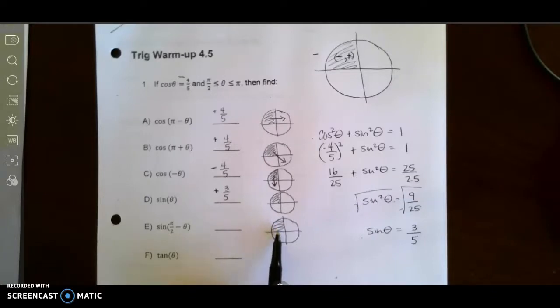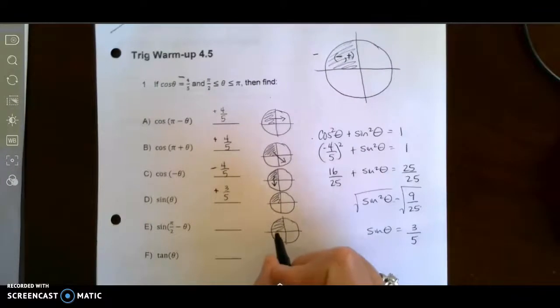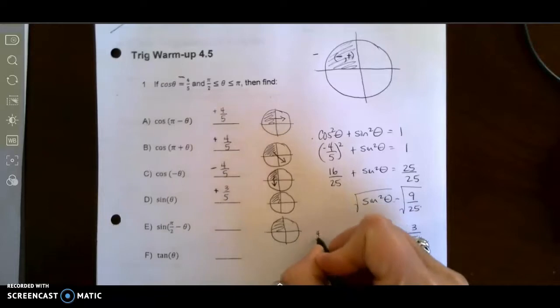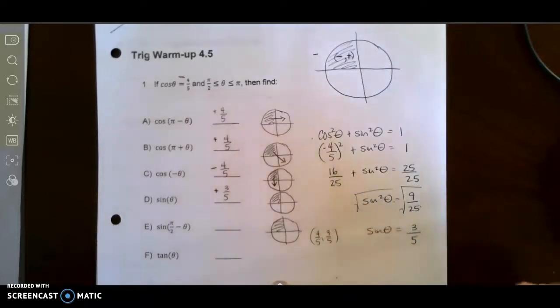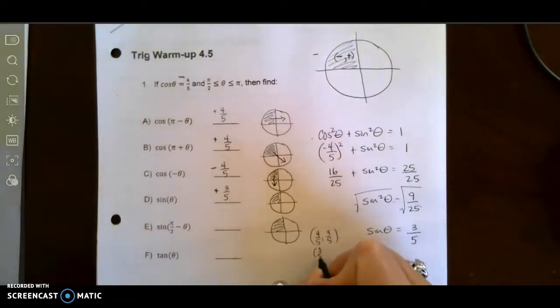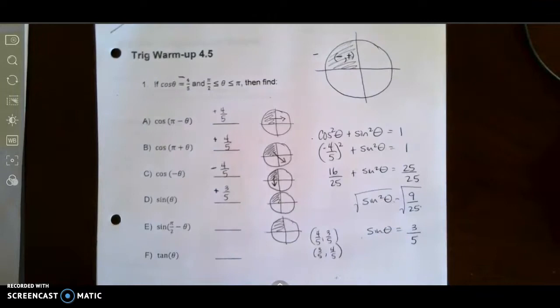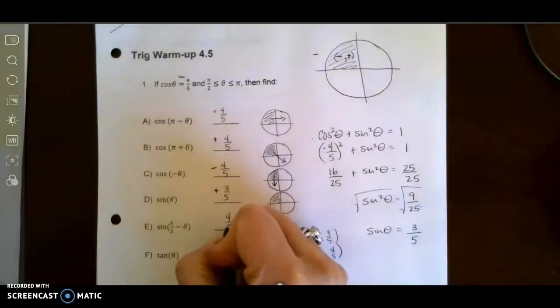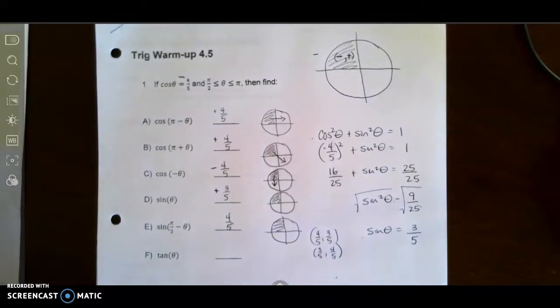So in every ordered pair, remember I have the ordered pair 4/5, 3/5, and for the complementary one, it's going to switch, and it would be 3/5 for the cosine and 4/5 for the sine. So if the sine of theta is 3/5, the sine of the complement is going to be 4/5, and of course it's going to remain positive. Because remember we said with complements, it just switches x and y.